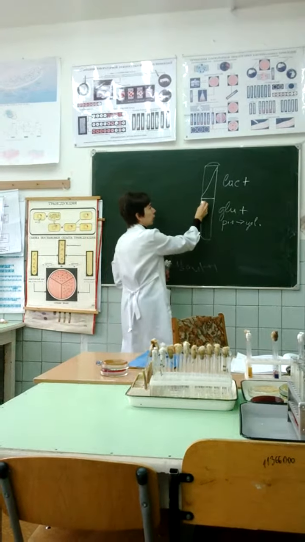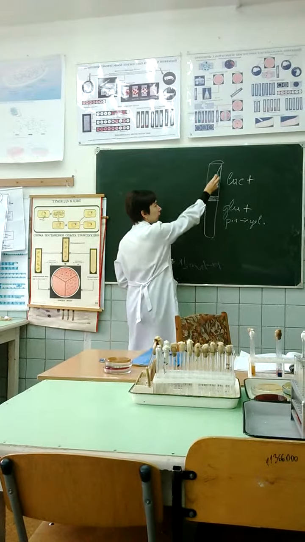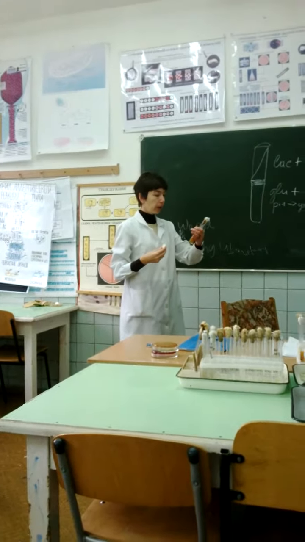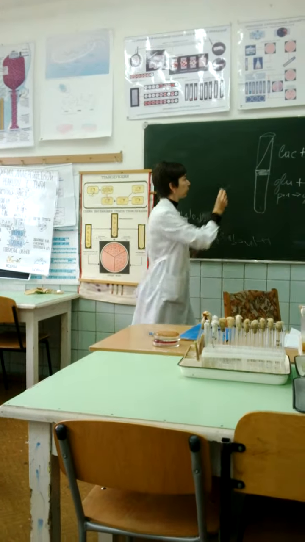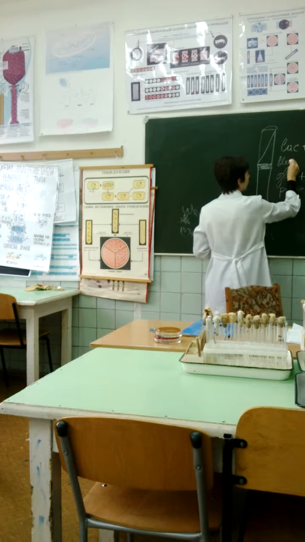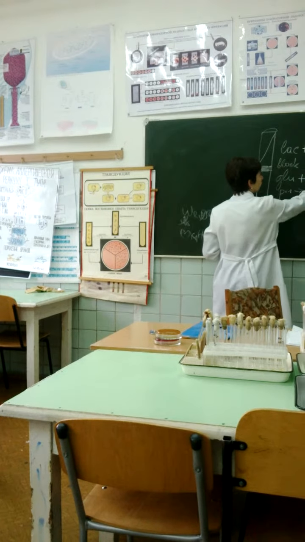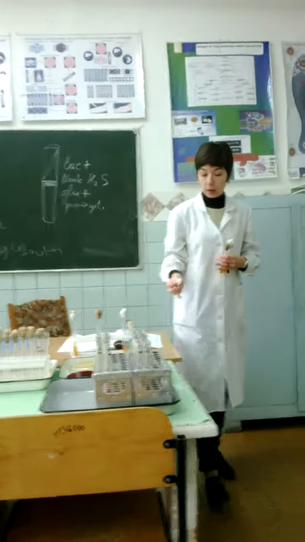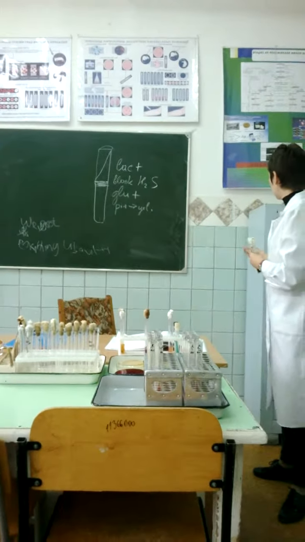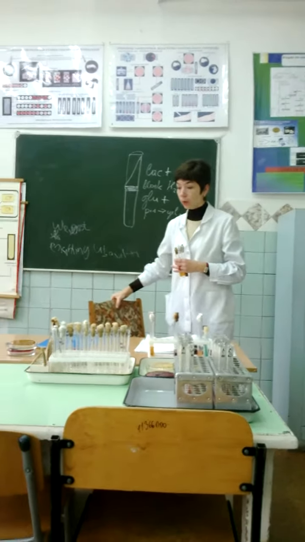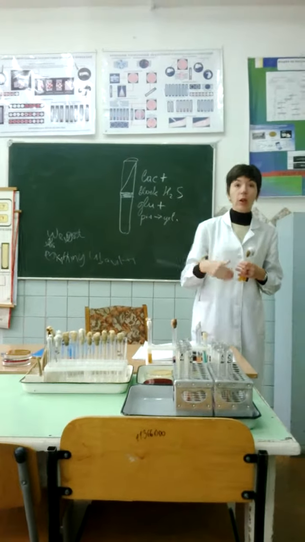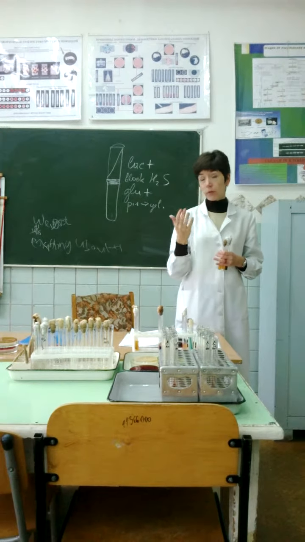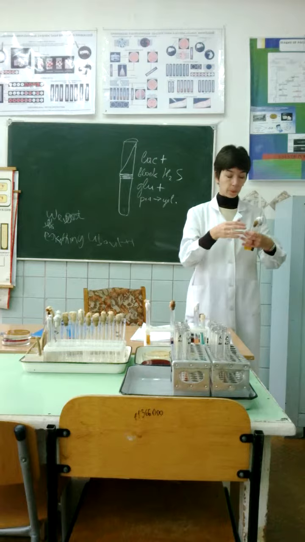And if black-green forms in the middle between slope and butt, then the bacteria produce hydrogen sulfide. Is it clear in general? That's why this media is very often used for isolation of pure culture and identification, because it helps to do several biochemical tests.